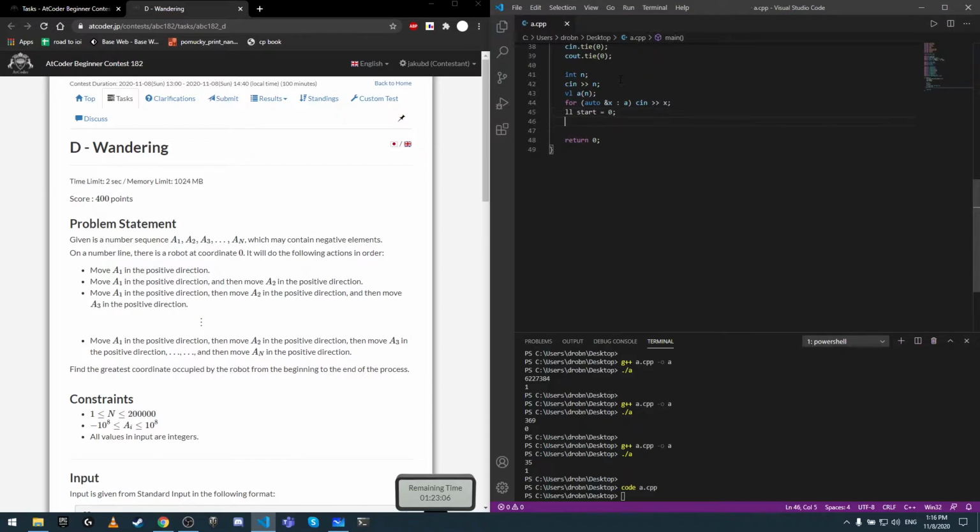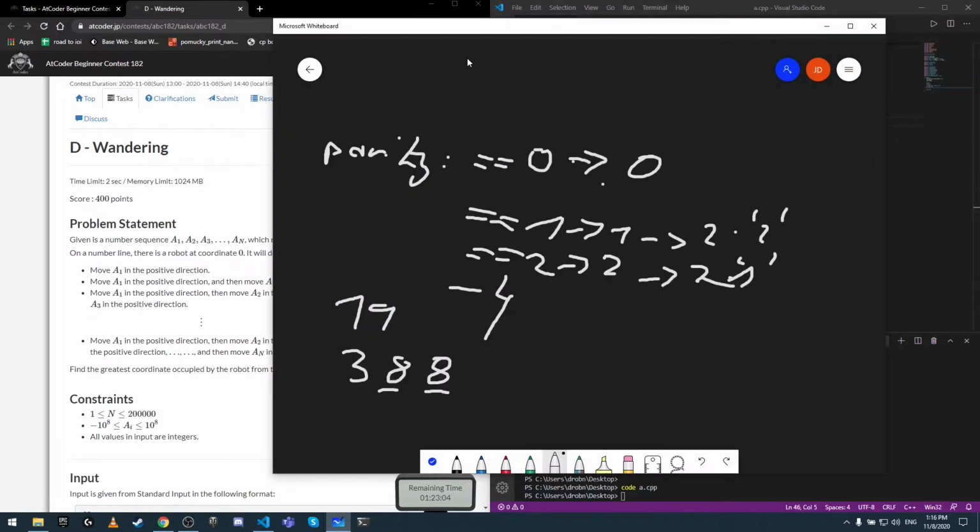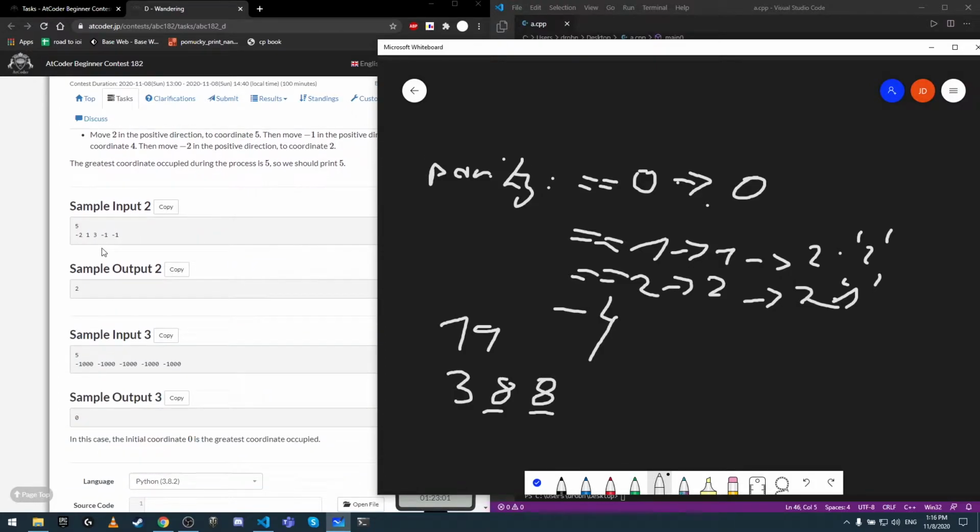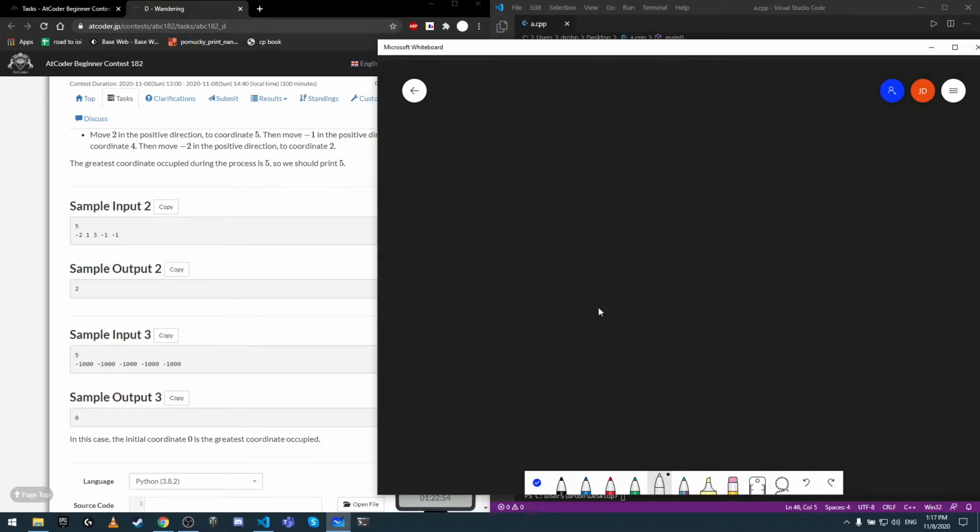start equals 0. And now okay, so right, let's take a look at this for example. So basically what that means is that okay, so he will move -2, then he will move by 1 forward, then he will move by how much? By -1.